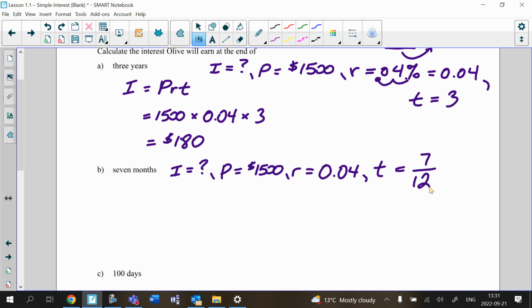So for this one, you would do 1,500 times 0.04 times 7, and then divide by 12. And you do that, and you would get an answer of $35.